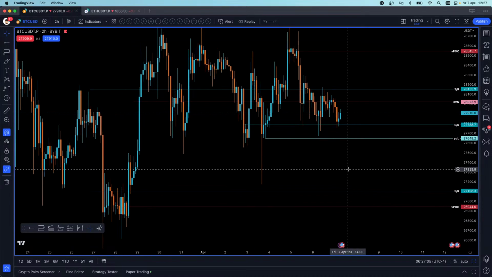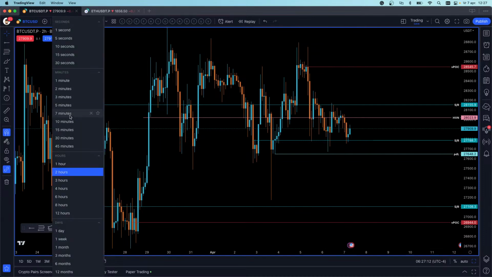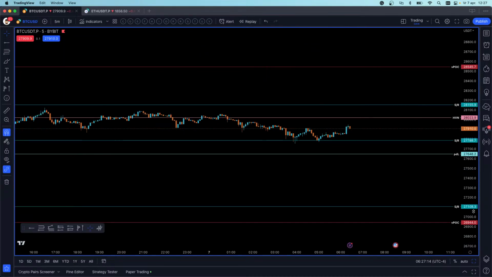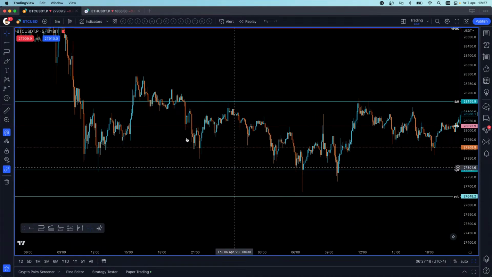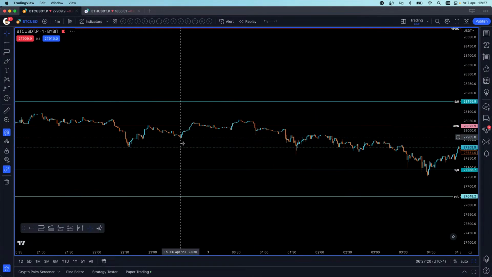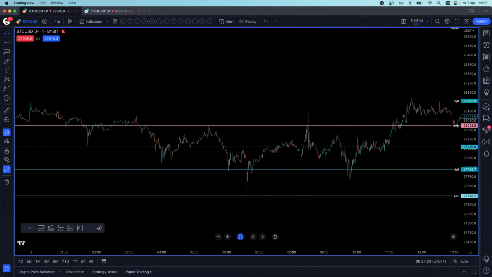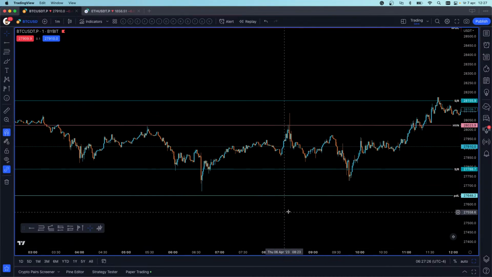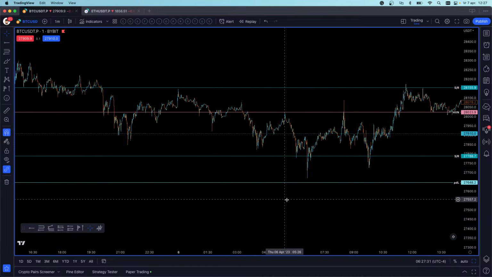But you can see yesterday I longed this one. Because we tapped into that level and then I went on a lower time frame, let me just show you. And I looked for the same setup that I explained yesterday. I think it was on a 1 minute chart even. Let me see where it was.